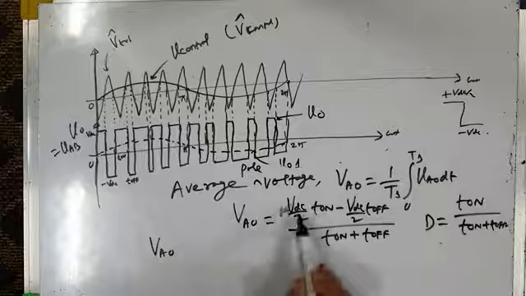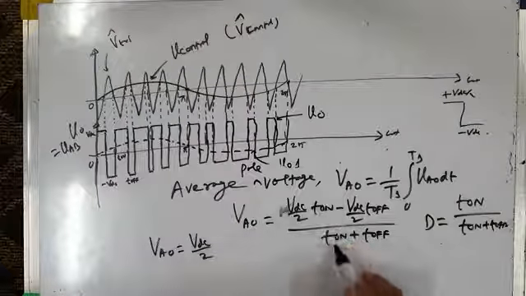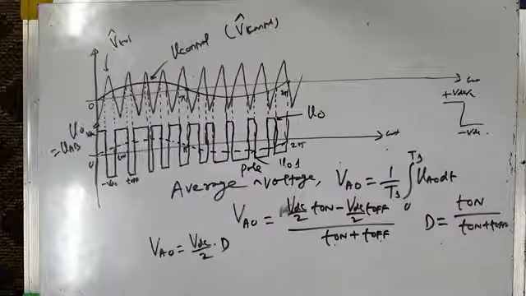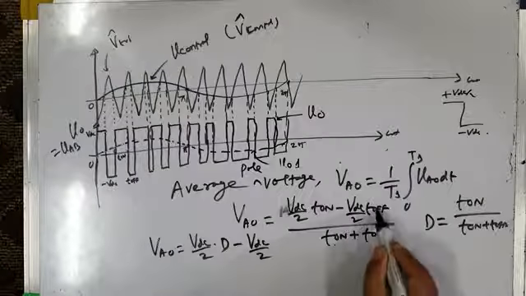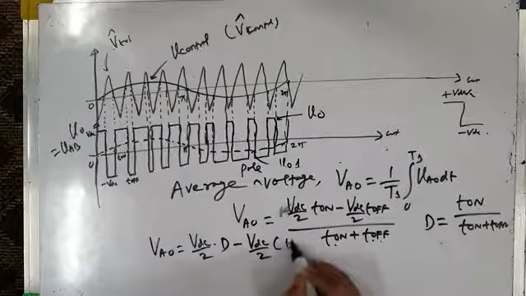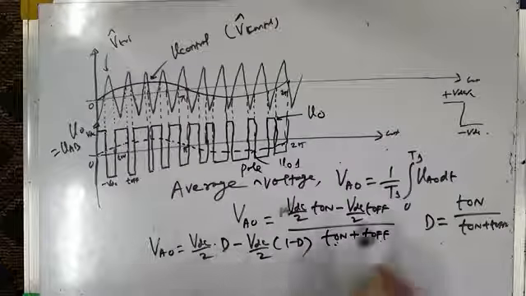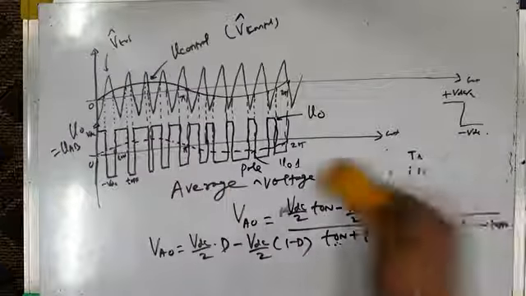So here VAO is VDC by 2 into T on divided by T on plus T off, that is D, the duty ratio of the switch, minus VDC by 2 into T off divided by T on plus T off, which is 1 minus D. T on divided by T on plus T off is D, and T off divided by T on plus T off is 1 minus D, right?